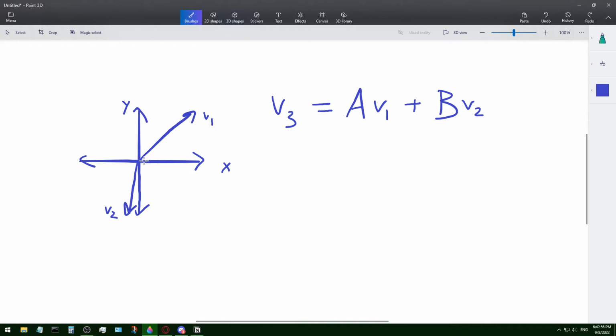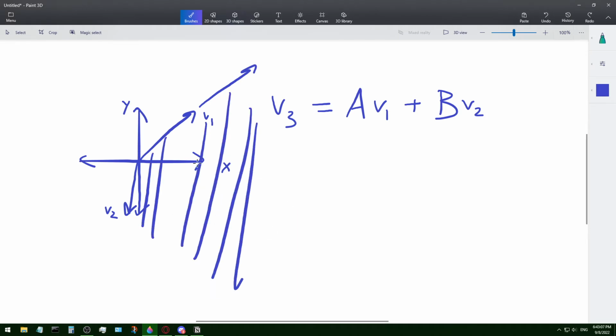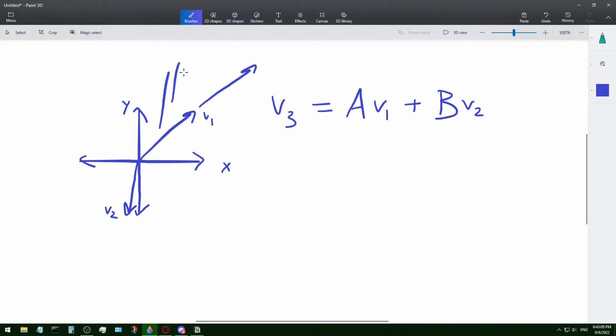And then V1 can continue, and I can still reach anything in this entire area. Also above, because you can go in the negative direction. When V1 is negative, you can keep on going parallel, and you can reach all those points and all these points.